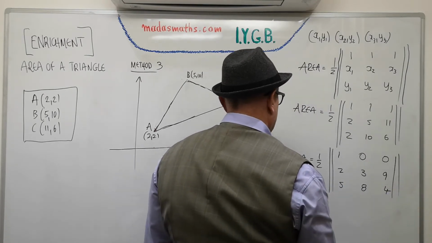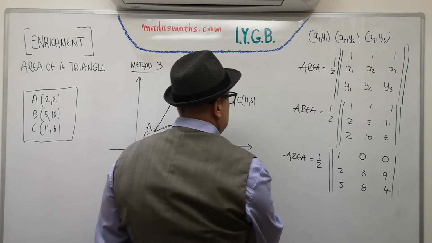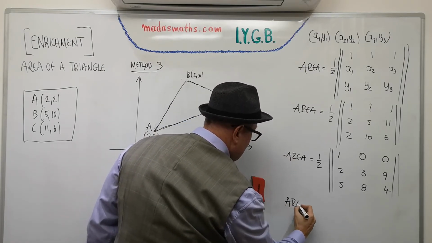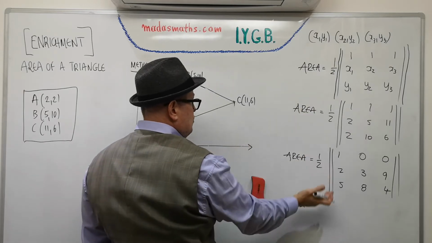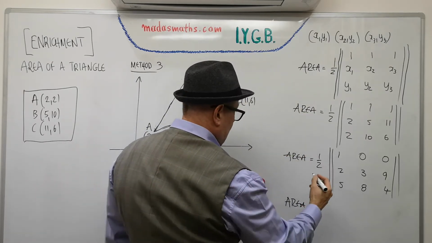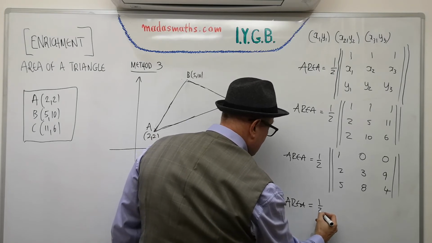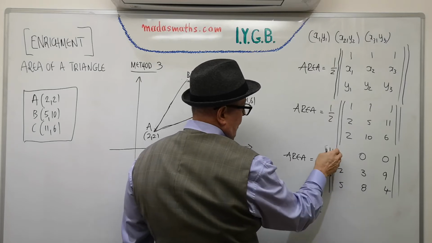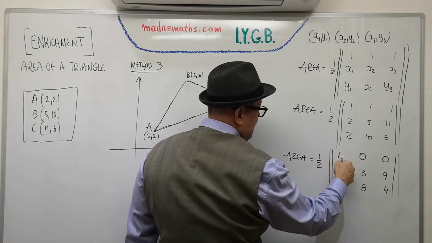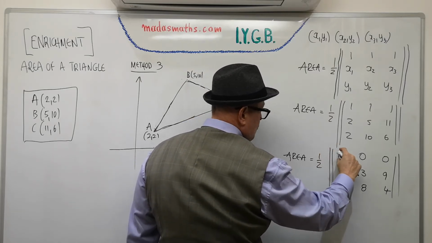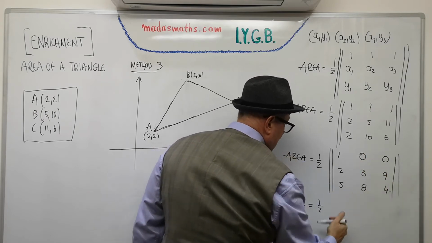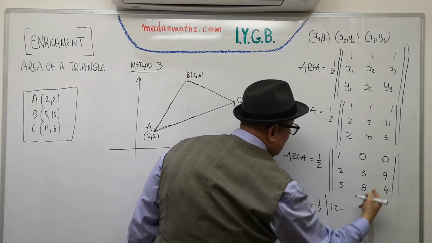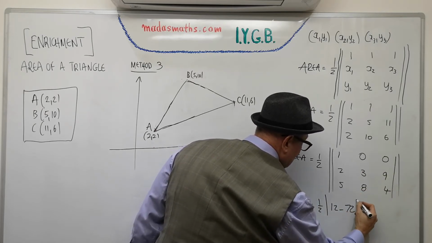And this determinant now will have the following value. Shall I just squeeze it in here? I hope it's visible in the video, because I don't know what part of the board up to a certain level you cannot see. Okay, so this is now, area is a half. Of course, because of the zeros there, the only part that produces something is the minor of this, so it's 1, positive 1. That minus that, so that's going to be the modulus of 12 minus 72.